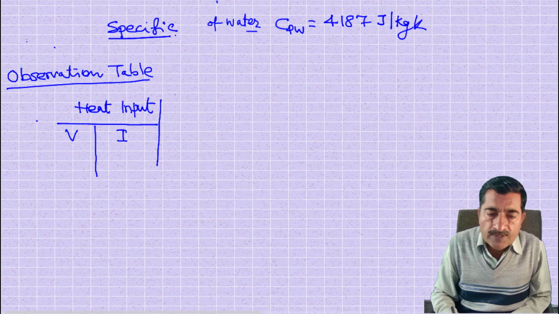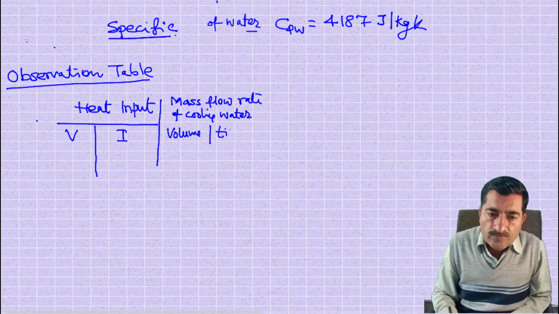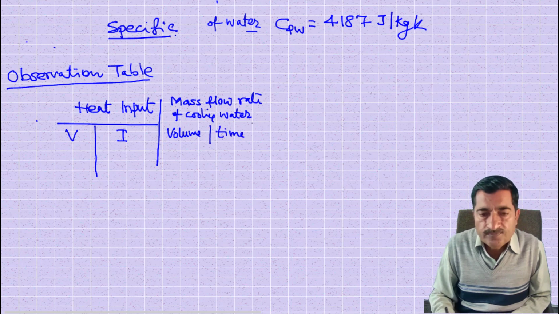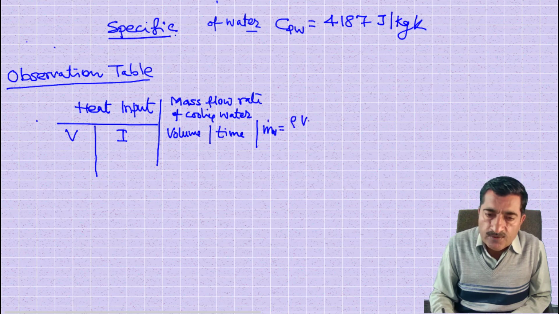Then mass flow rate of cooling water, means volume, time, then mW equal to density of water into volume upon time.